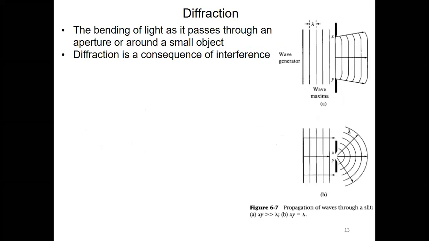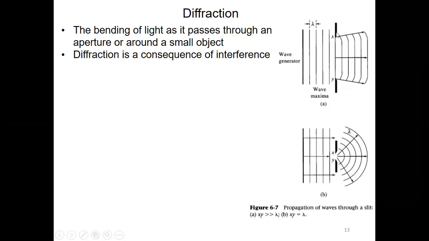Another property of electromagnetic waves is diffraction. Diffraction is the bending of light as it passes through an aperture or around a small object. You can look at this figure. This is the incoming radiation.